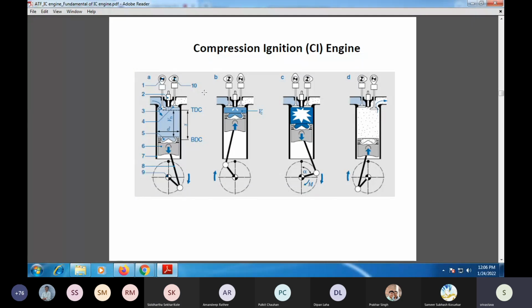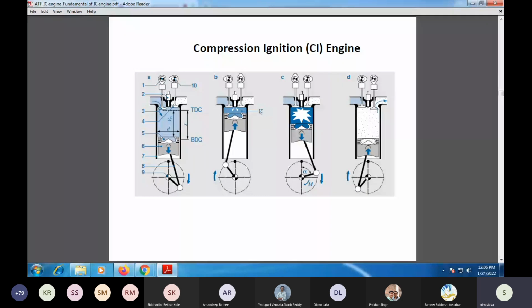The shape of the piston, yes. That's really very good. So as far as the valves are concerned, it depends upon the engine geometry, whether it has to be vertical or inclined. So that depends upon the engine.